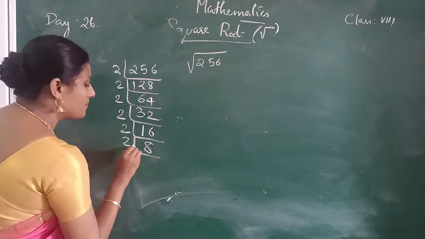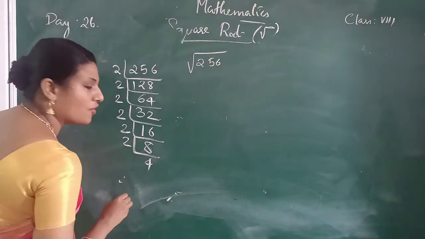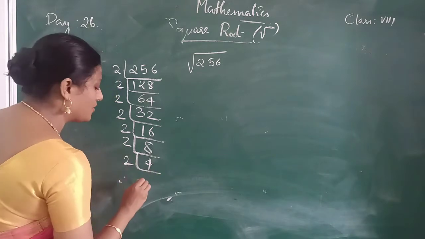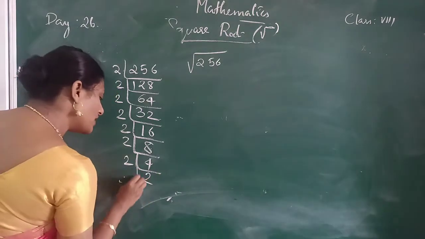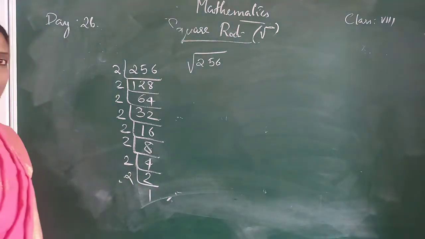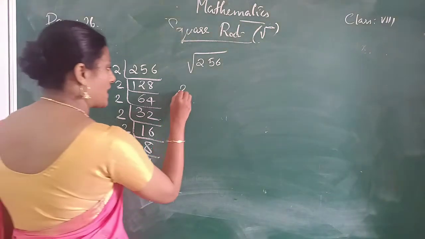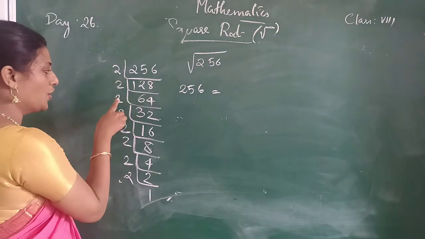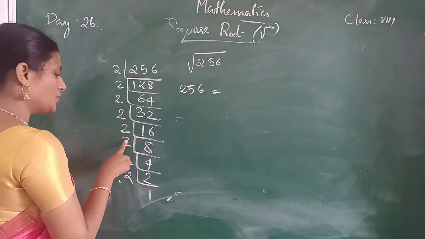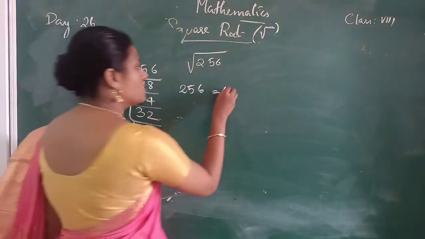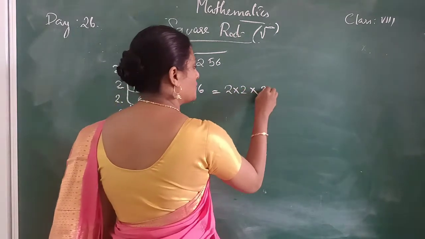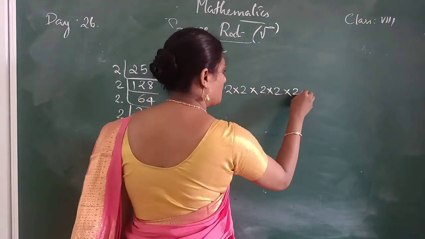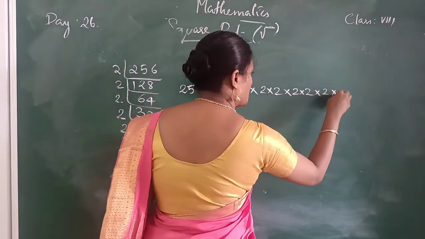Again divide 8 by 2, you will get 4. Again divide 4 by 2, you will get 2. 2 divided by 2, the answer you are getting is 1. So you can write 256 as 2 into 2 into 2 into 2 into 2 into 2 into 2 into 2.